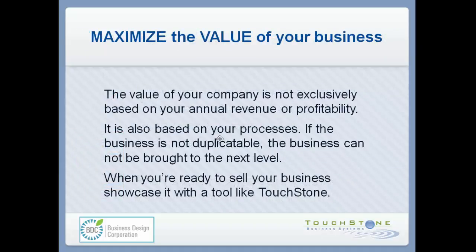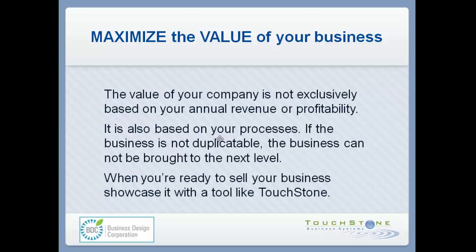I'm going to end with one final thought on the importance and value of having documented operating procedures for your business. The value of your company is not exclusively based on your annual revenue or your profitability. It is also based on your processes. If the business is not duplicatable, the business cannot be brought to the next level.